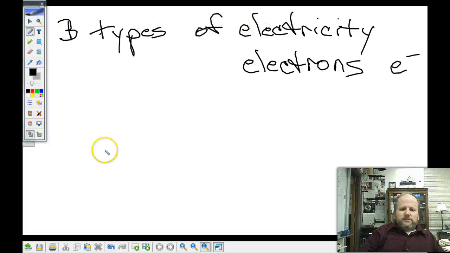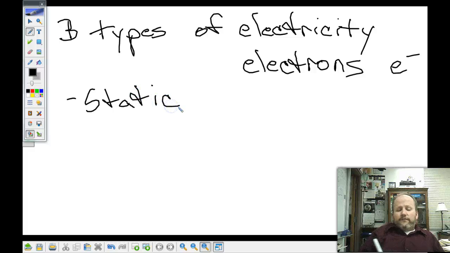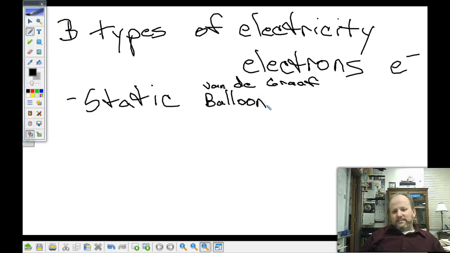So there are three types of electricity. There is static electricity, and you know that from class pretty well, because static electricity is the Van de Graaff generator. It is the balloons that I rubbed with the rabbit fur today in class.